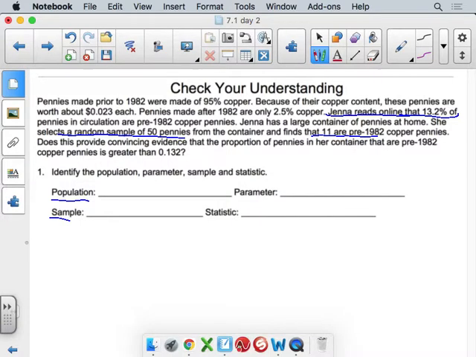Our population in this case is, what did our sample choose from? What were all the possible things that we were choosing from? It was basically Jenna's pennies that she had in her large container. So our population is Jenna's large container of pennies.